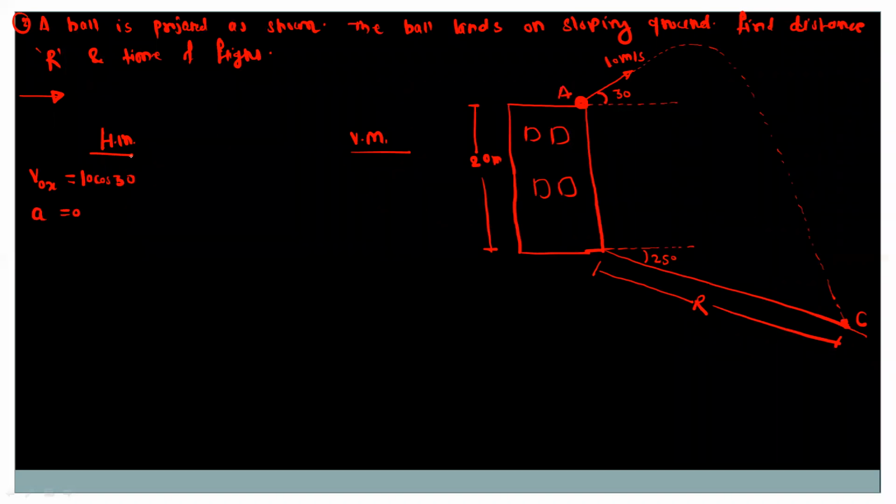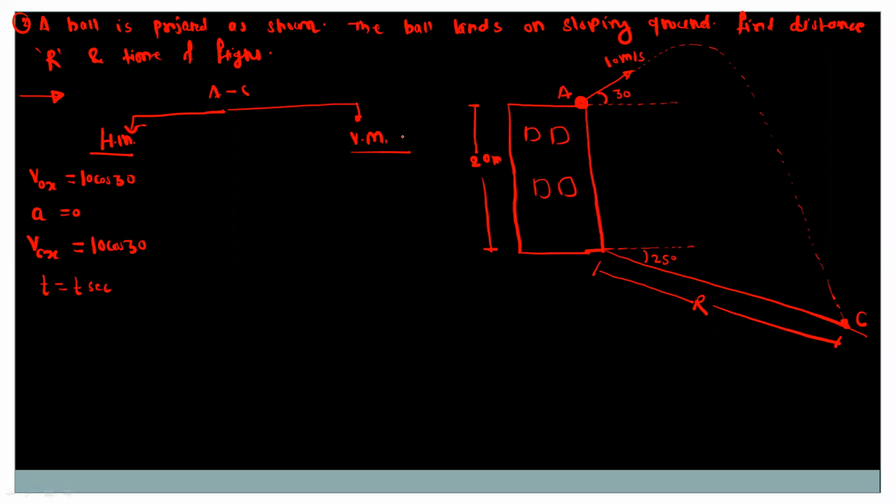So for the horizontal motion from point A to C, so v naught x is equal to vcx. So this is equal to 10 cos 30. Then total time taken from point A to C, so t is equal to t seconds, which is the unknown value.